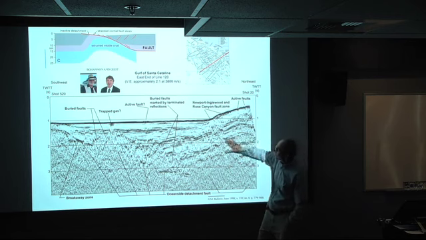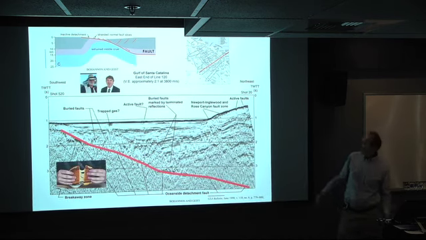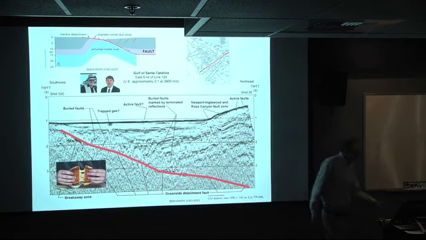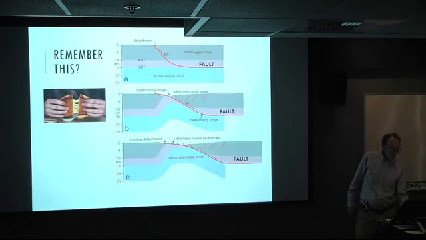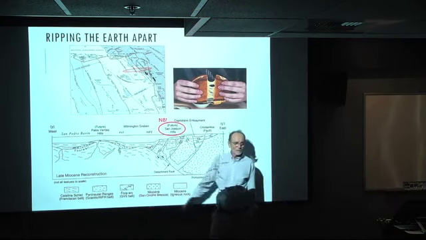And they saw this type of feature, and they said, aha, I can identify that master fault that Suppy proposed. So Suppy and Crouch proposed this enormous fault without really seeing much evidence of it.